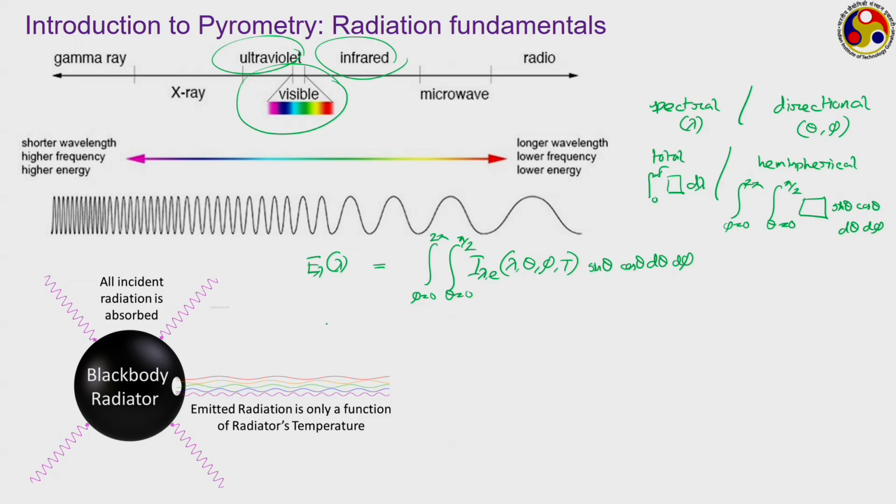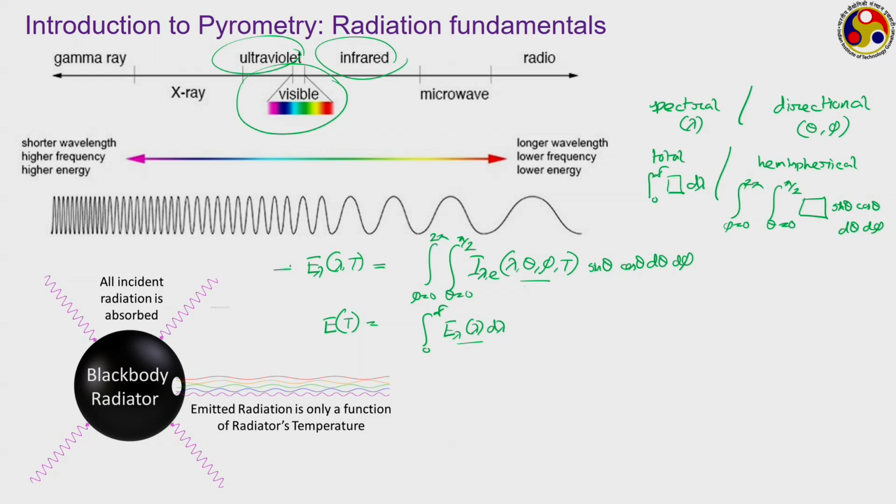And now once we integrate this over all possible wavelengths, then what we get is the total emissive power. Actually it should be a function of temperature, because theta phi dependence goes off once we do the first integration and lambda dependence goes off once we do this second integration.